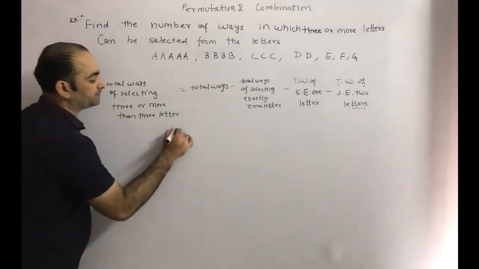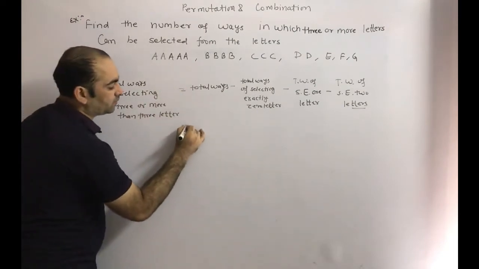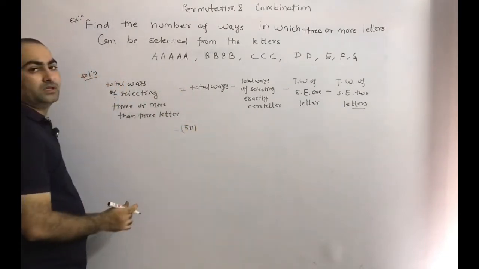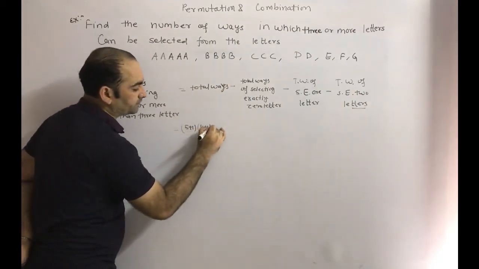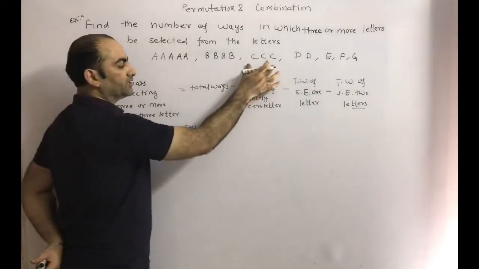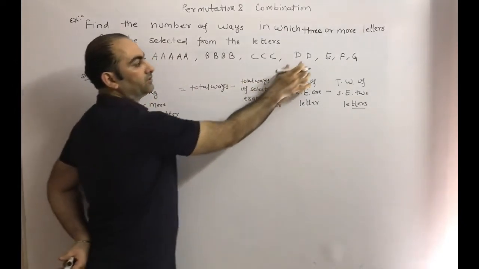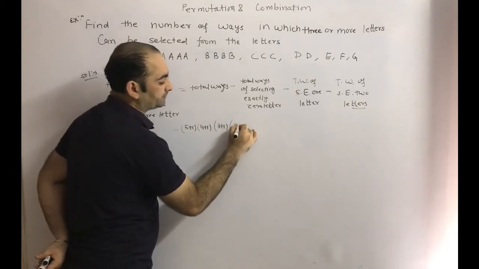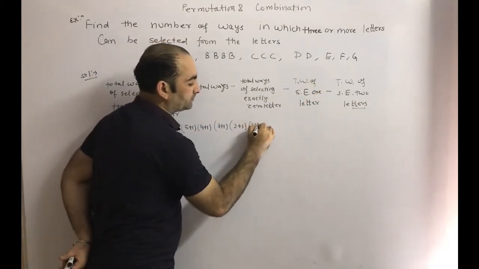So total ways: there are 5 A's, so selection of A is 5 plus 1, into, there are 4 B's, so selection of B is 4 plus 1. There are 3 C's, so selection of C is 3 plus 1. 2 D's, so selection of D is 2 plus 1. 1 E, so selection of E is 1 plus 1.